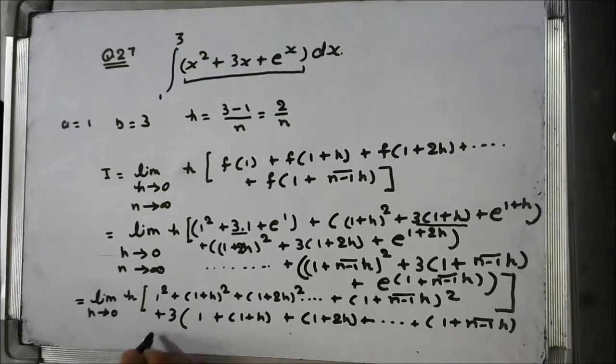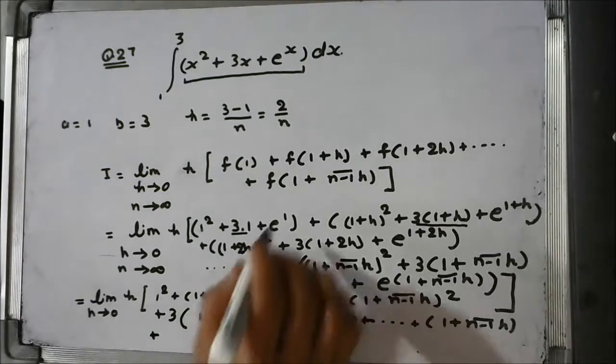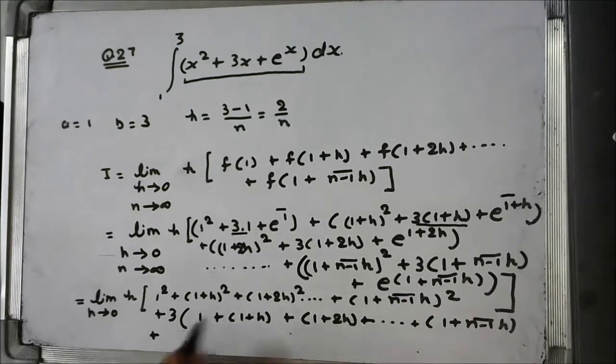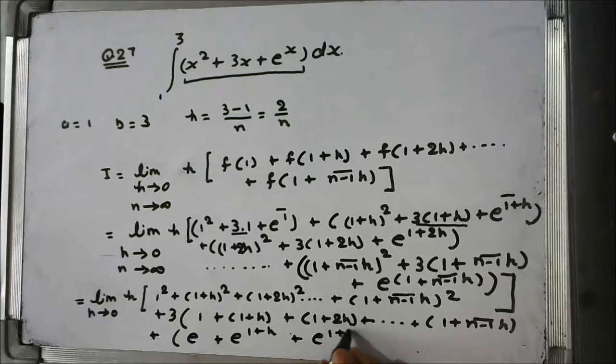Then the exponential terms: e plus e raised to the power 1 plus h plus e raised to the power 1 plus 2h, up to e raised to the power 1 plus (n minus 1)h.